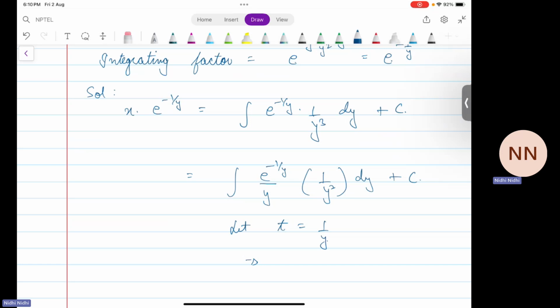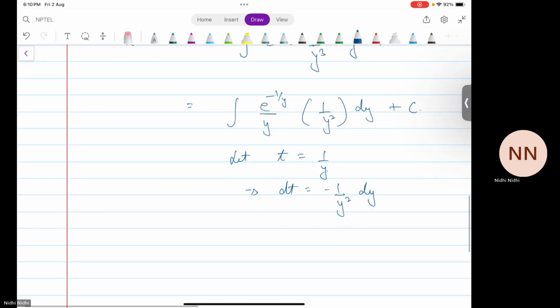This gives us dt equals to minus 1 by y square dy. So our integral is now e to the power minus t minus dt plus some constant c.